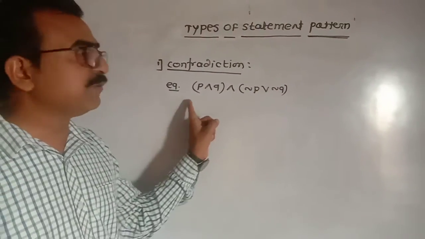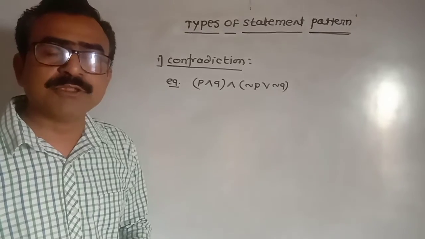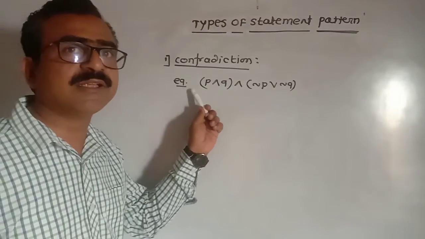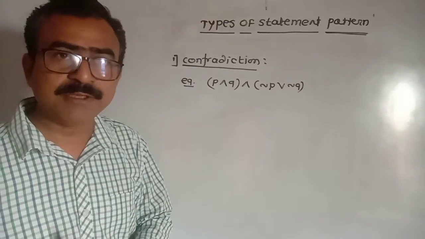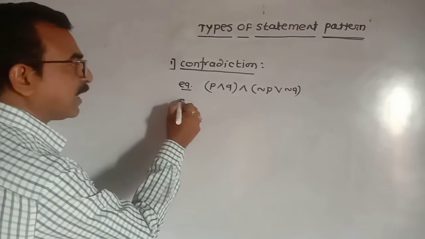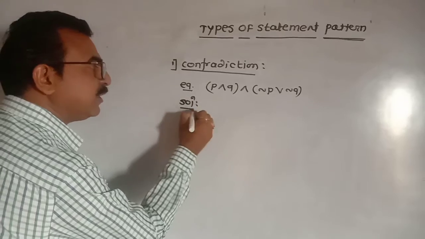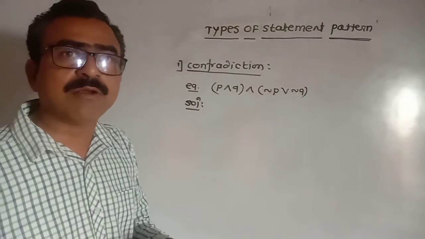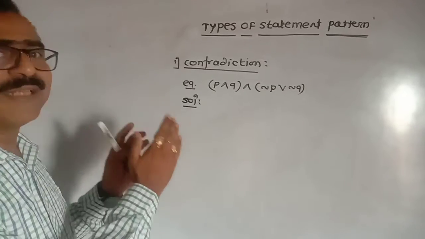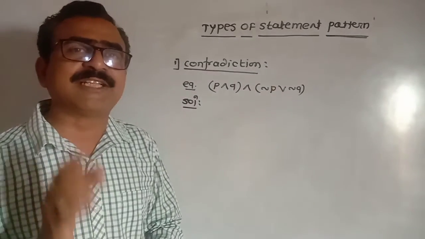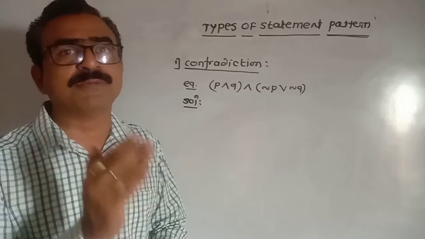Now let us take one example for better clarity. You are given this statement pattern and your question is to check whether it is a contradiction or not. For that purpose, initially construct the truth table. While constructing the truth table of any statement pattern, you must follow some rules.